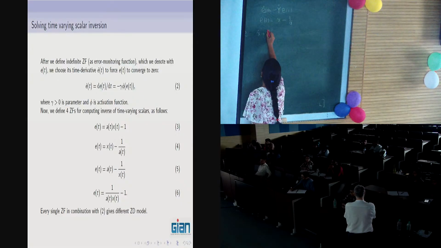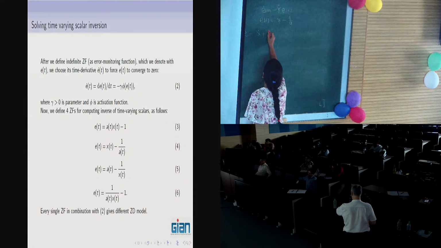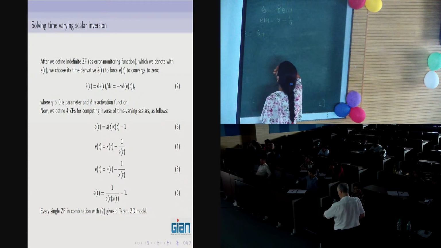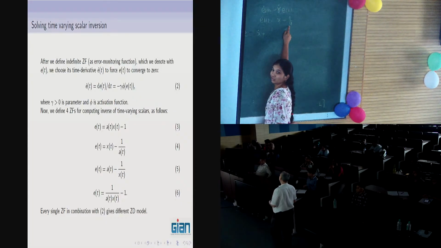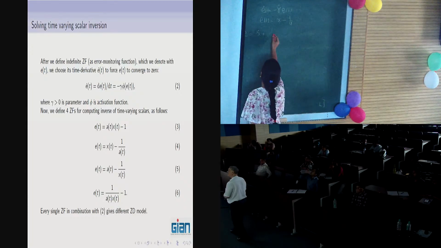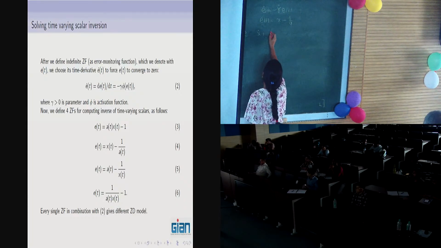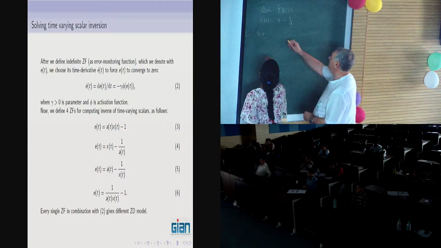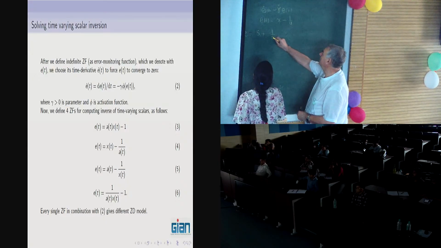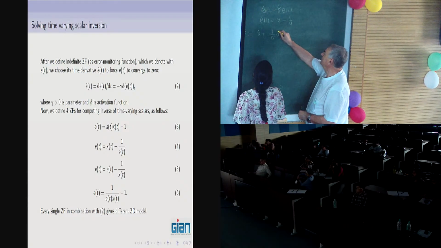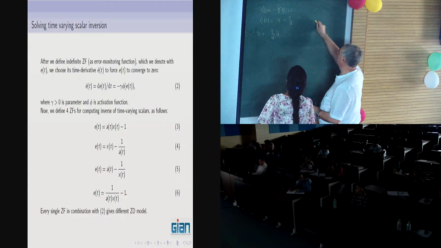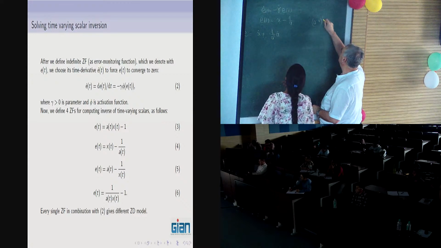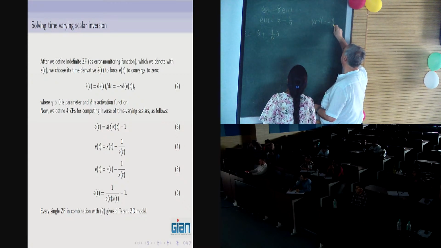Simpler than the GNN, but typically the right-hand side is minus 1 by a squared.